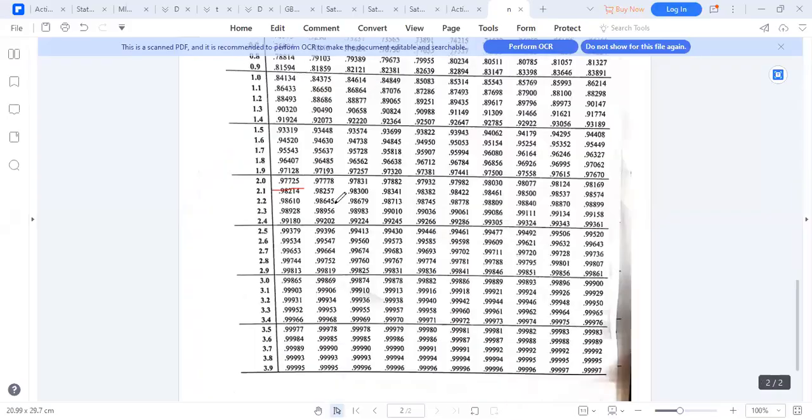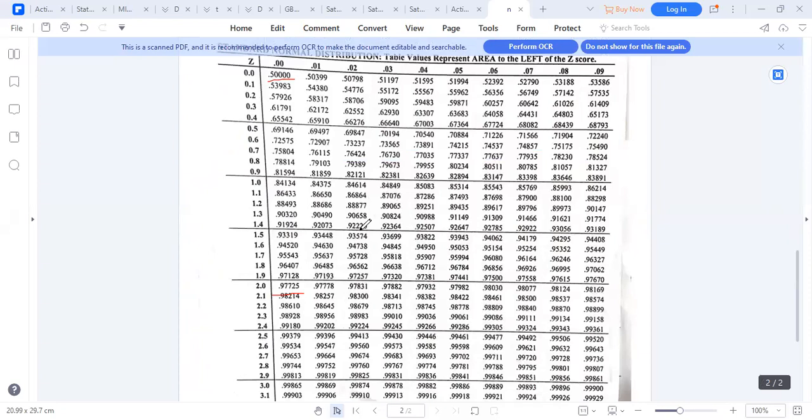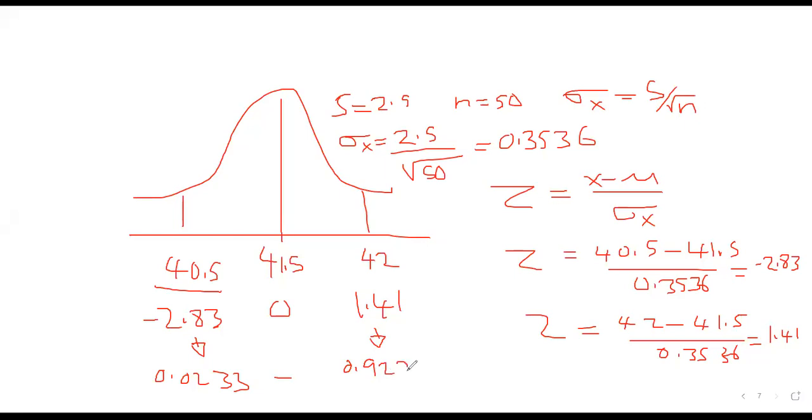We go to 1.4 under 1. This is 0.9207. So when you get the difference between these two, what you're actually going to get is our difference.